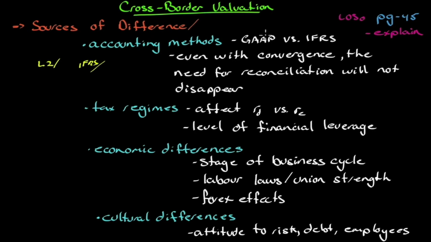Different tax regimes affect the cost of debt versus the cost of equity and the level of financial leverage. If you take a country that has higher corporate tax rates than another one, and I were domiciled in the country with the higher tax rate, I suddenly have an even lower cost of debt because it's an after-tax cost.